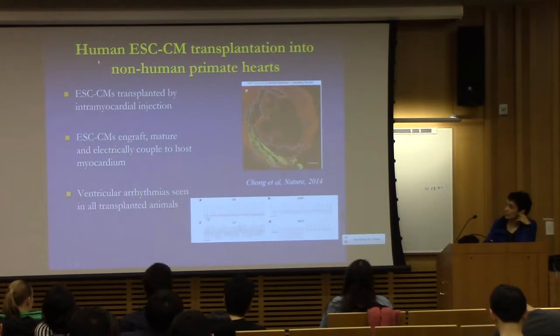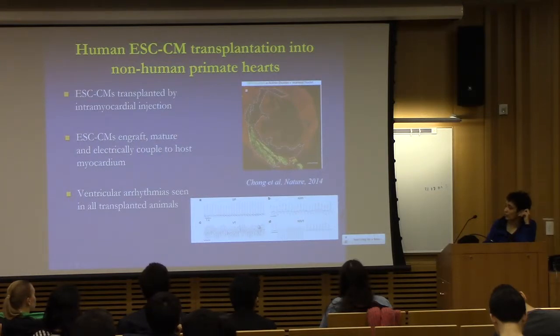So there was a study done by a group in Seattle where they took cardiac myocytes differentiated from human embryonic stem cells, and they injected them into non-human primates. This is an example of these cells expressing GCaMP3 that engrafted, but not surprisingly, they had a lot of arrhythmias in the transplanted animals, because when you transplant cardiac myocytes that are immature, they have automaticity.